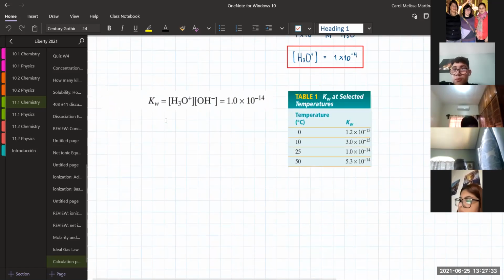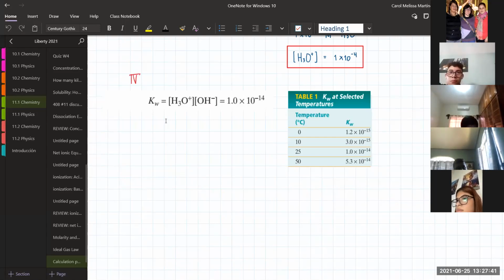For this step, we're gonna need one formula. In this fourth step, I'm going to get the concentration of hydroxide ions. Now, I'm giving you a table and a formula. Take a look.